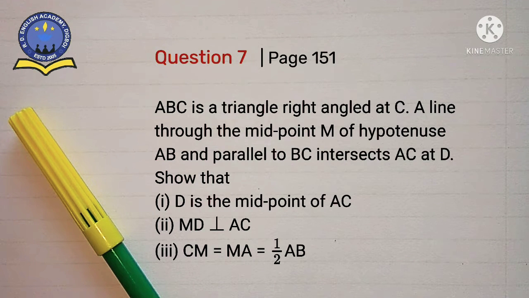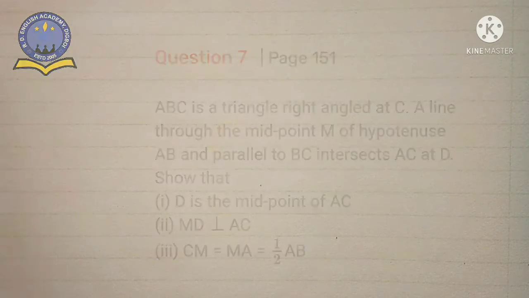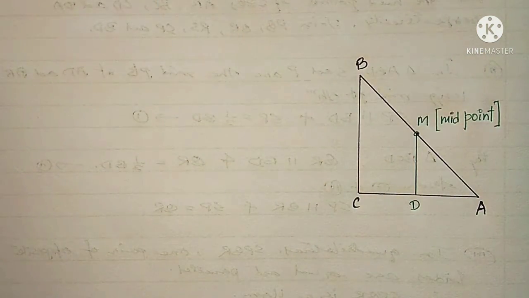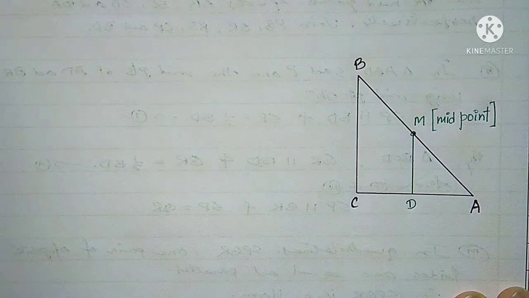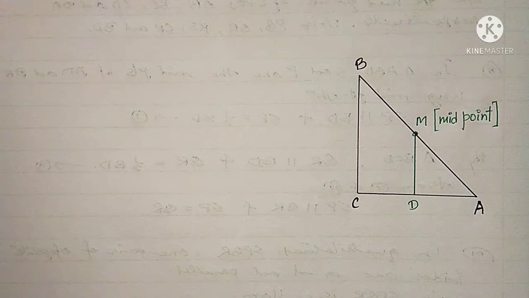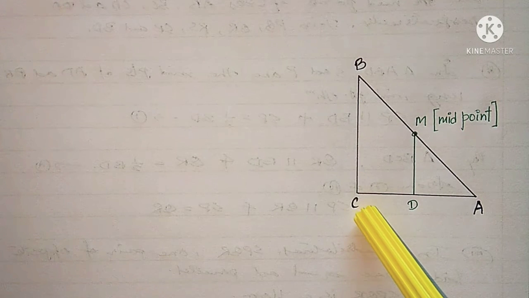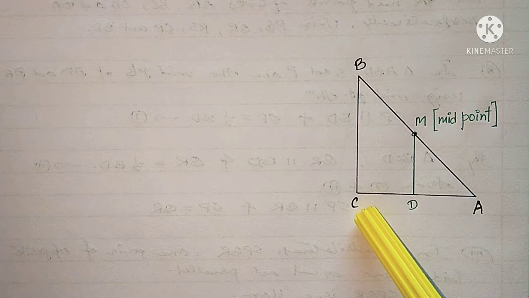Is it clear? Okay, now let's start. Let's see how we can prove this. First of all, we need the construction. We consider a triangle, so we draw triangle ABC.